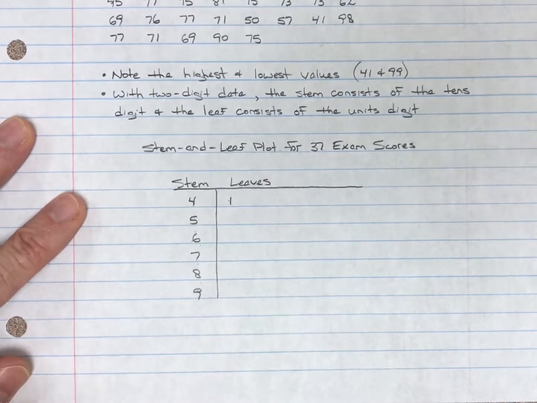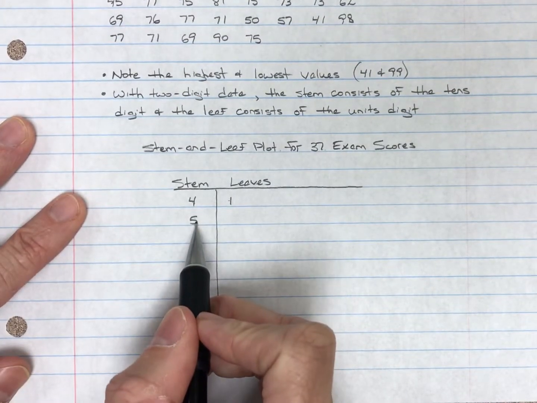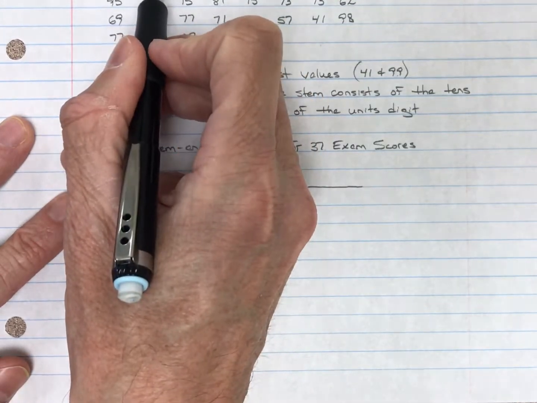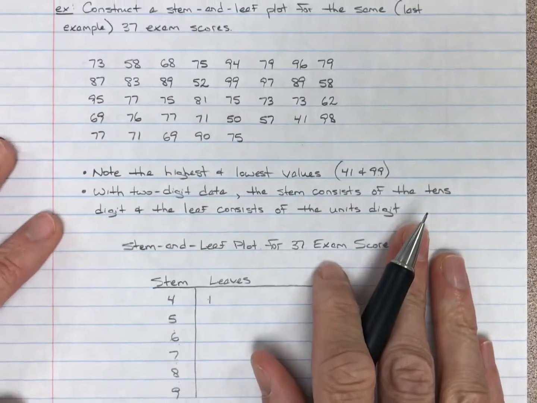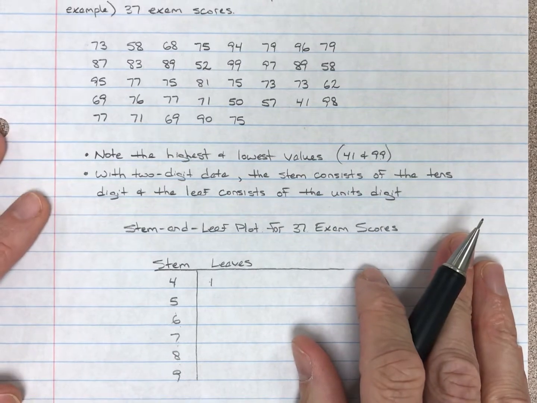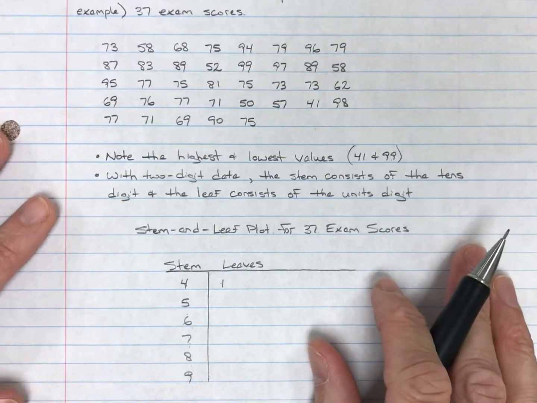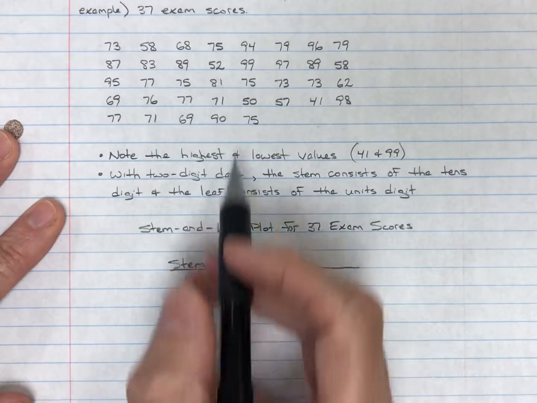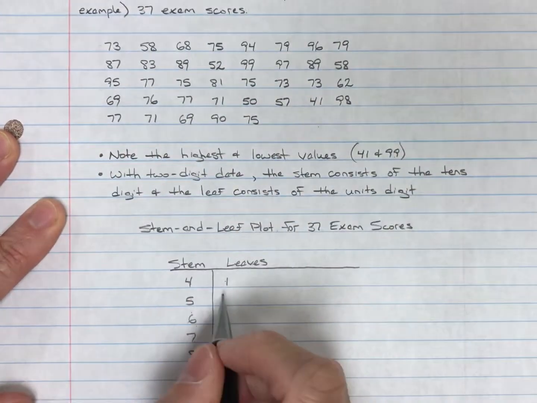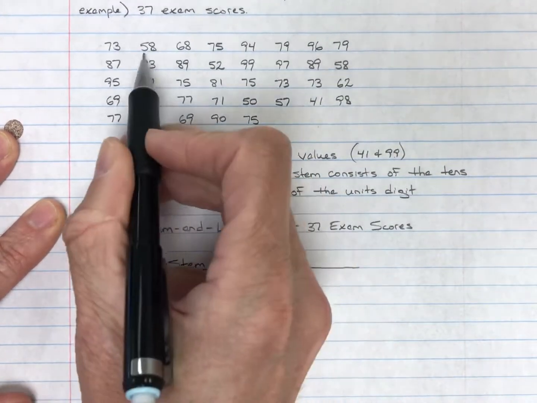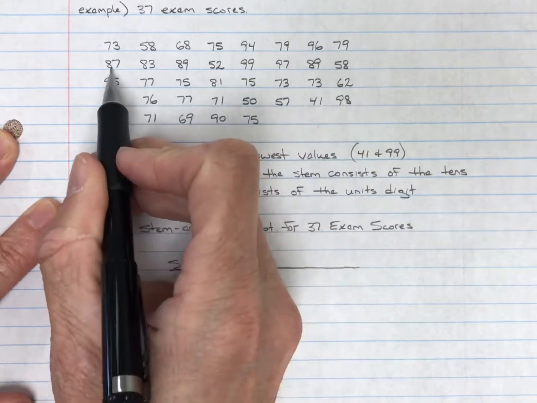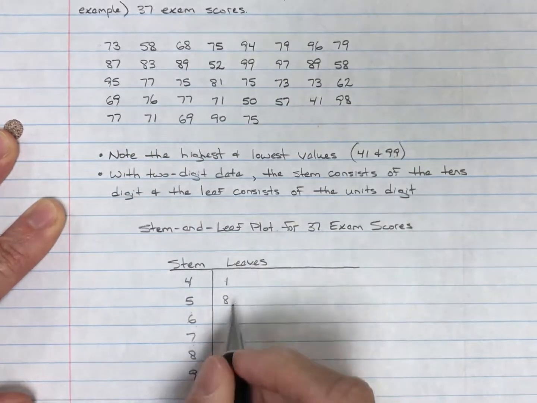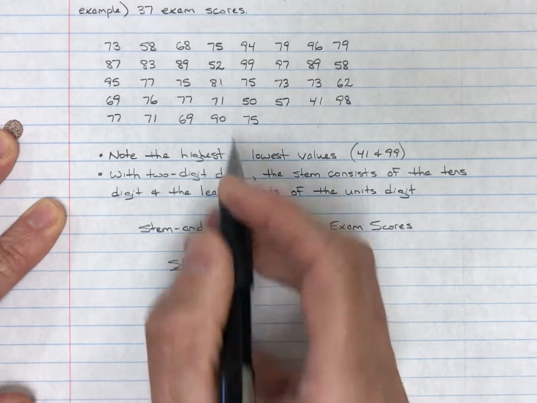So 41 is the only value in the 40s. In the 50s, okay, 58 is the first one. Oops, we need my data set. Sorry about that. Okay, in the 50s, my first one, 58, so 8 is my first leaf. Moving across to capture all my 50s, 52 is my second leaf.